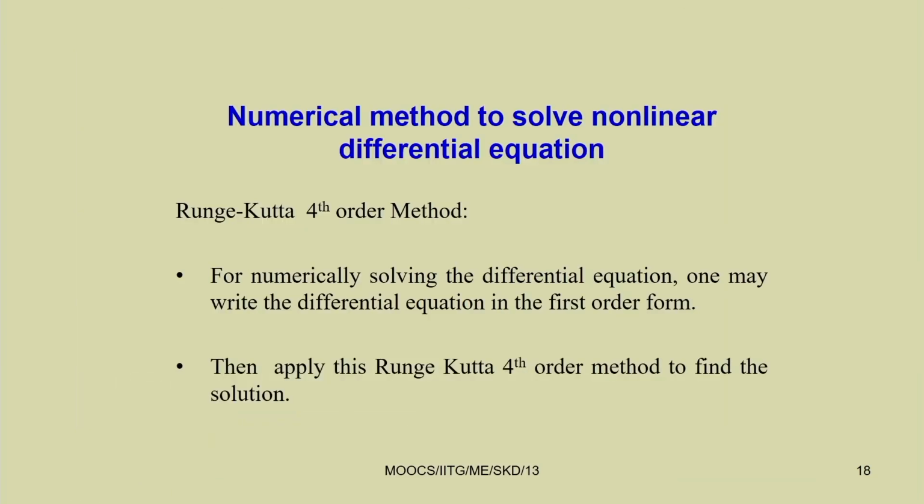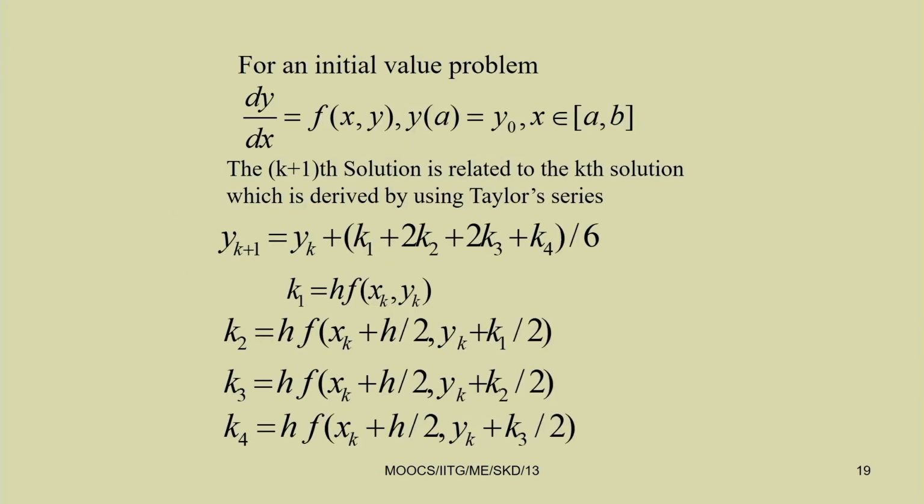So, already we have discussed this Runge-Kutta method, the fourth order Runge-Kutta method. In this case, you can write your own equation. For example, if you have been given a first order differential equation in this form, that is dy by dx equal to f of x, y, and the initial conditions are given to you, you can find the solution by using this equation with the 4 coefficients k1, k2, k3, k4, where h is the step size.